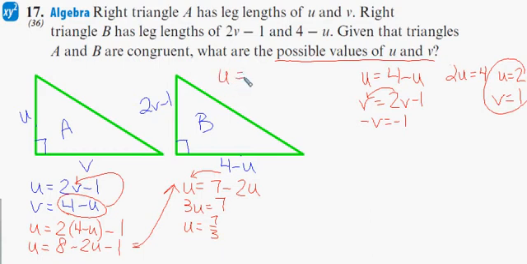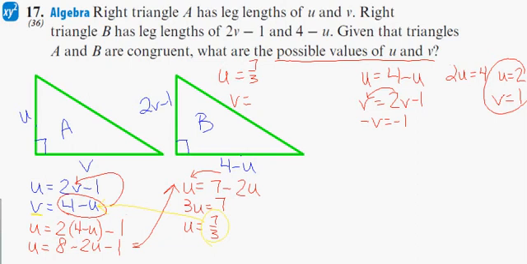Just jot that up here: U is equal to 7/3. So we have to find out what V is now. I'm going to suggest we just plug this U in right here to solve for our V. Let's do that.